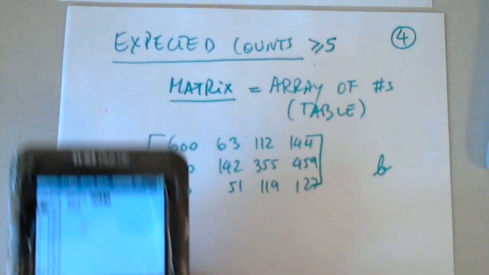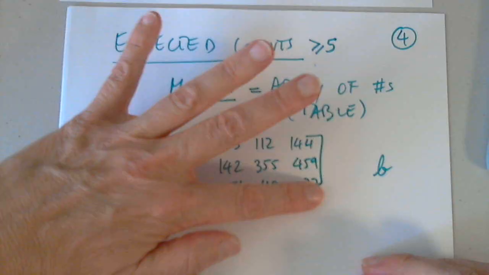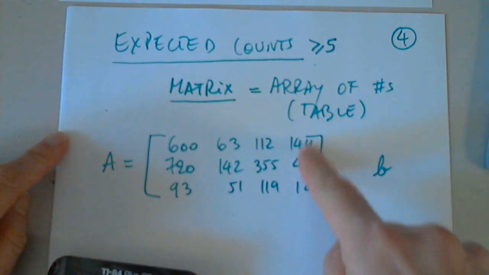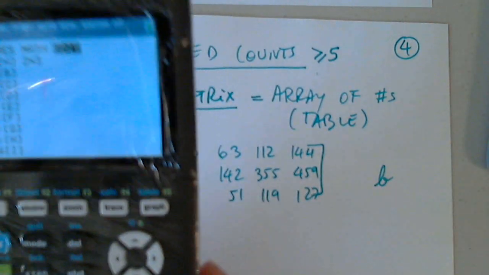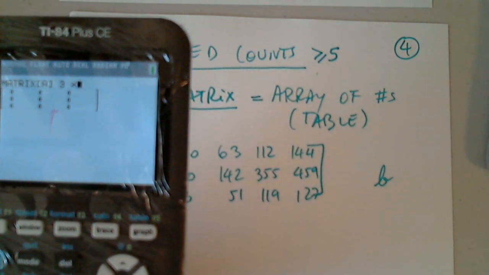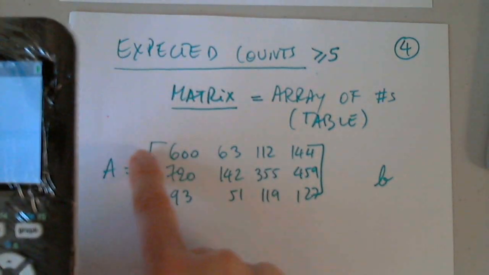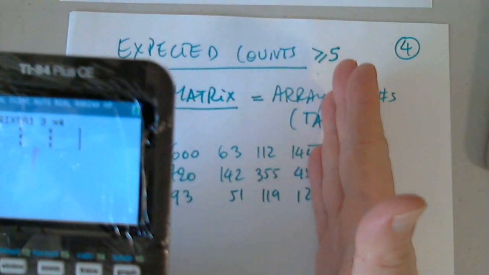We're going to edit a matrix. It has 3 rows and 4 columns. So when I click on edit, I have to make sure that I enter 3 and 4, meaning 3 by 4, which means 3 rows and 4 columns.